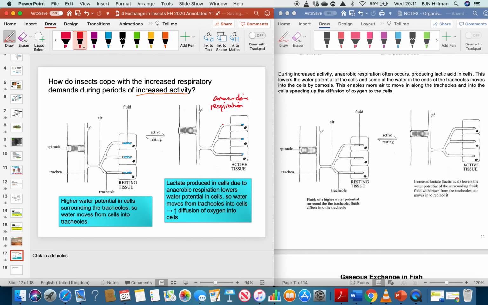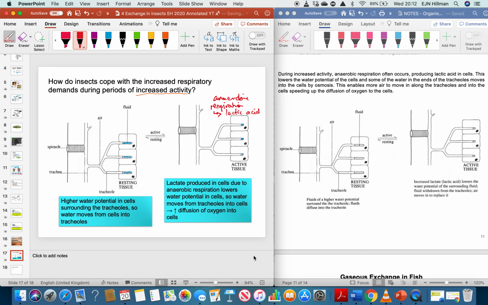And one of the products of anaerobic respiration is lactic acid or lactate. Now, that lactic acid is present in the cells of this active tissue.